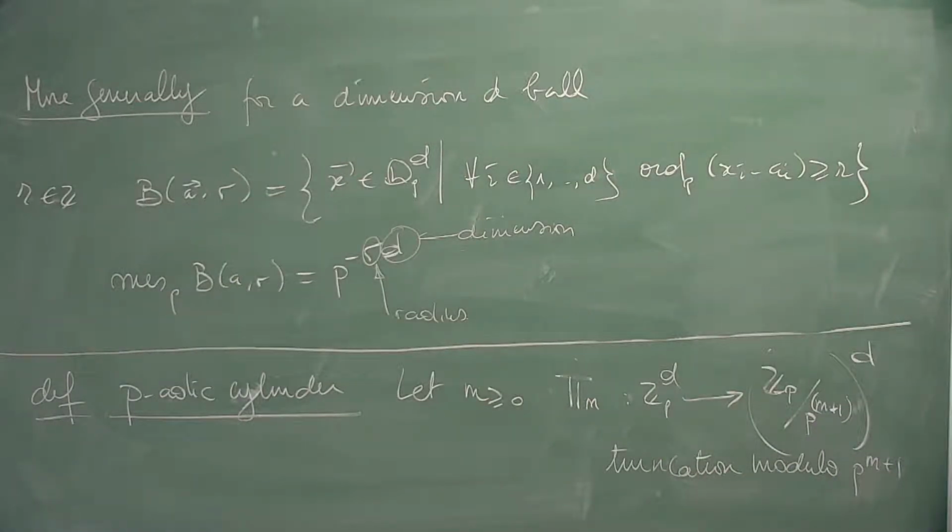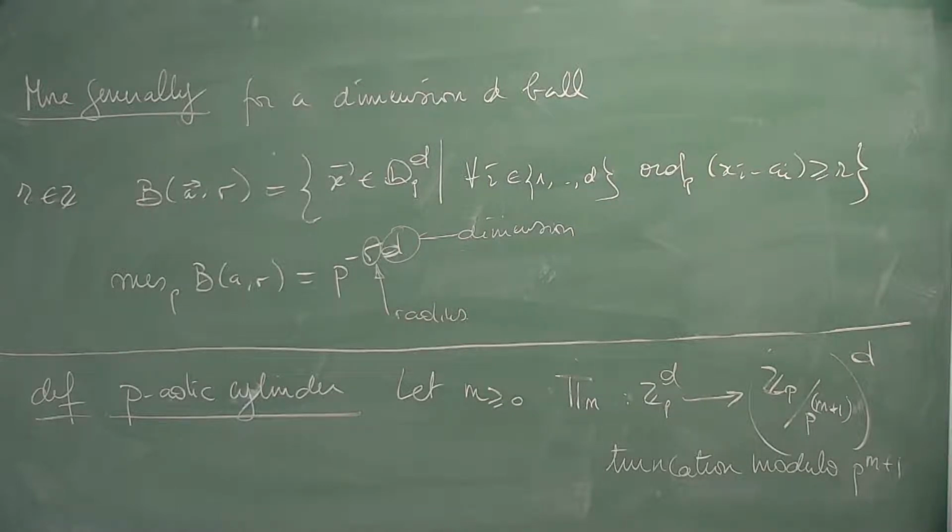So a cylinder, of course, has a base. Okay, so the base of the cylinder will be a part, so necessarily a finite part of this set. And you look at the preimage by the truncation of that set. So meaning that you fix the m first digits of each coordinate of your point, and then the rest is anything else. So you will have a cylinder.